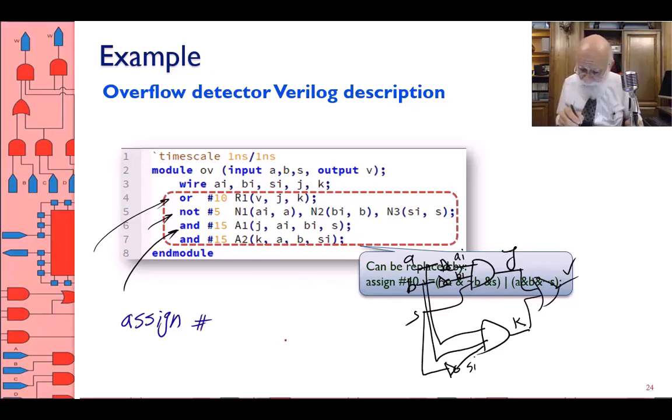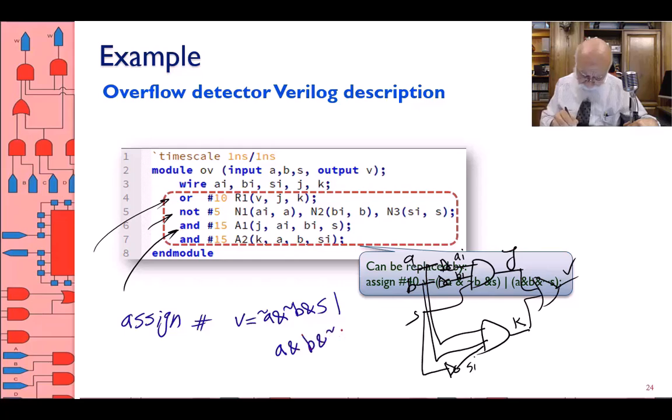Let's say the worst case of that, and then say V is, just write down the expression we had, tilde A, tilde A, tilde B, and S ORed with A and B and tilde S. Okay, and then put some delay to account for the entire thing.